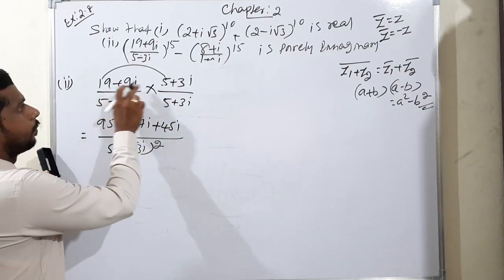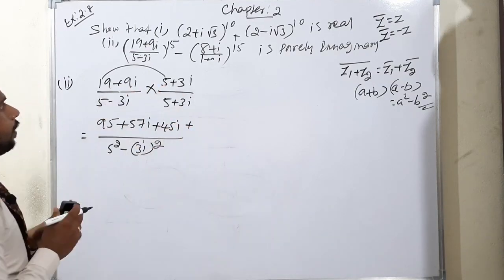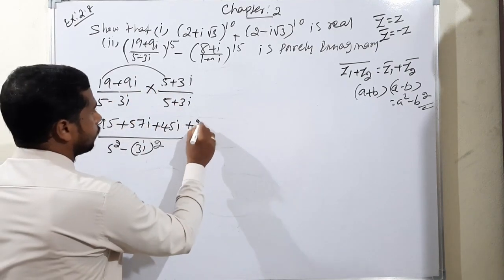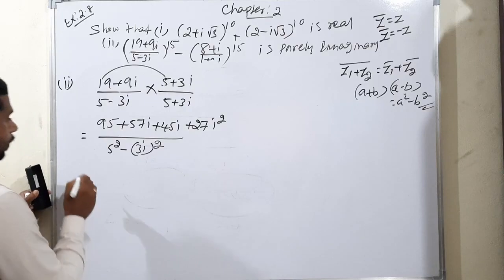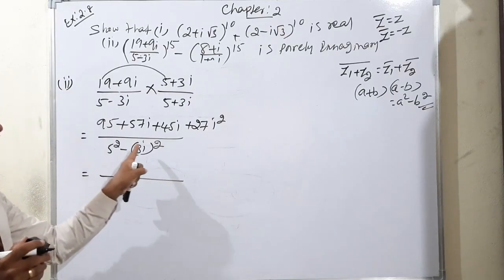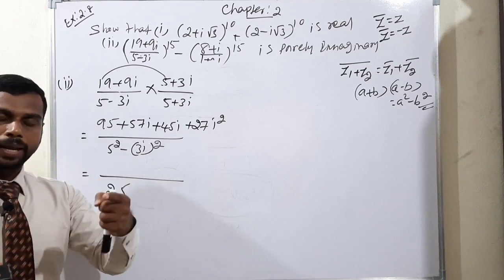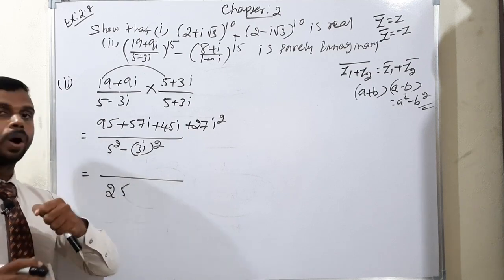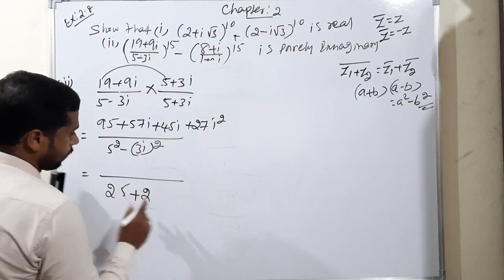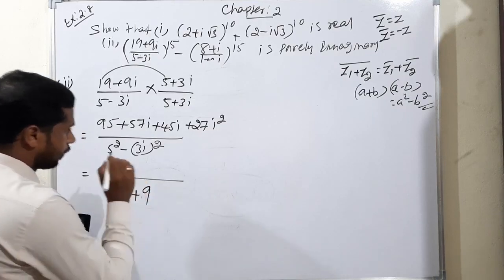Then plus into plus, 9 into 3 is 27, so 27 i square. For the denominator, 5 square is 25. Removing the bracket, 3 square is 9 and i square is minus 1. With the existing minus, minus into minus gives plus, so plus 9.